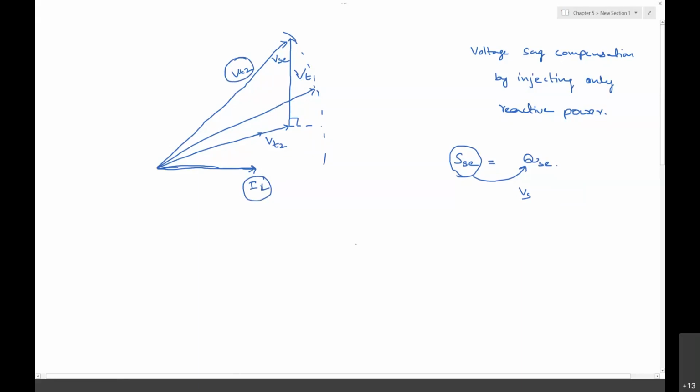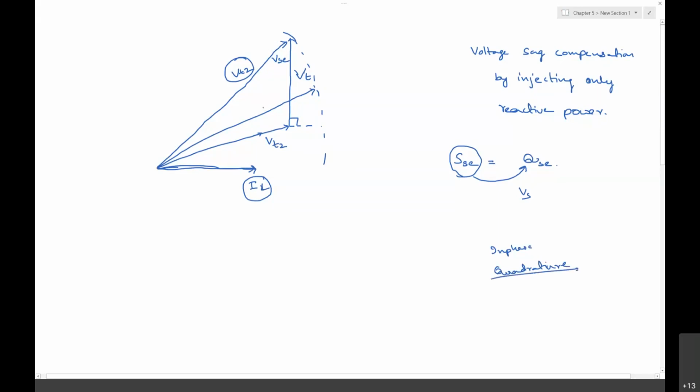This is my observation, and in some of the papers and textbooks they might have mentioned that this method is wrong. Whatever I've explained about the in-phase compensation and the quadrature compensation: why?